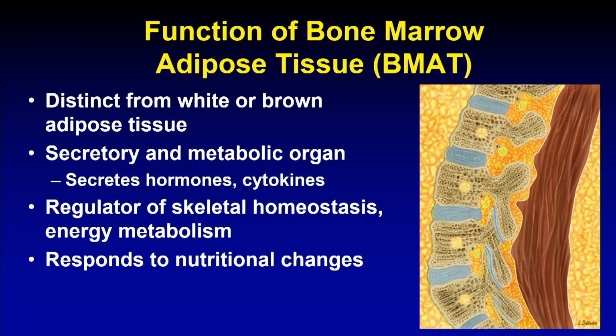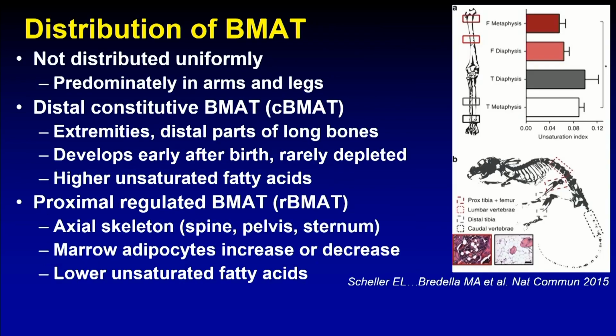What is really interesting and exciting is that marrow fat responds to nutritional challenges. If you either eat a lot or you fast, it has changes in your marrow fat, and we will talk about this in more detail.